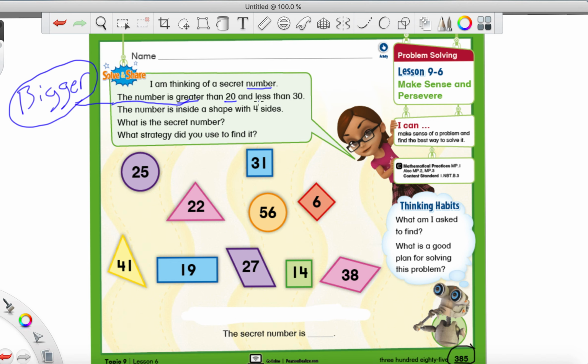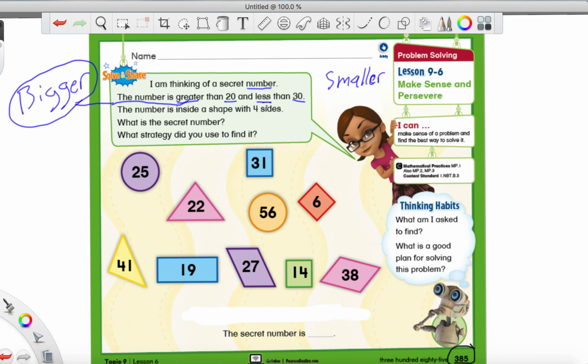Okay. And this number is also going to be less than 30. So when we think of the word less, when we hear that word, we have to think of the word small or smaller. Okay.